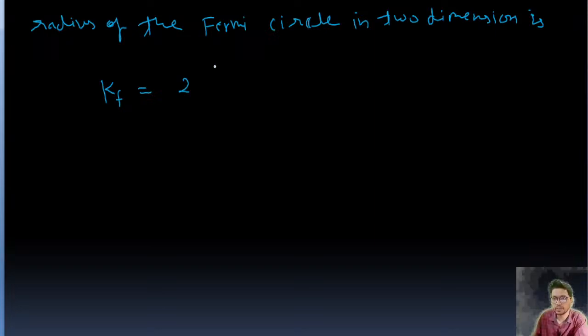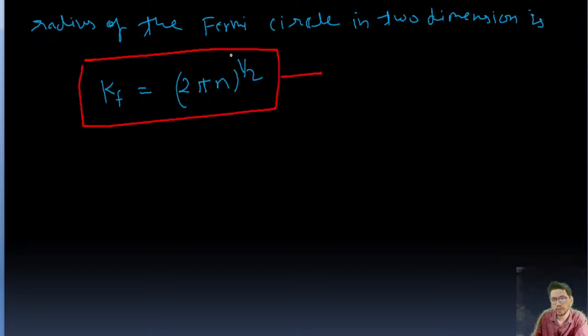I will also tell you the trick how you can memorize all of these, the Fermi radius, the Fermi energy, and the density of states, in the condensed matter physics class. So kf is equal to 2 pi n to the power half. n is the number density, kf is the radius. This is the formula, guys, you need to note down. Important one.